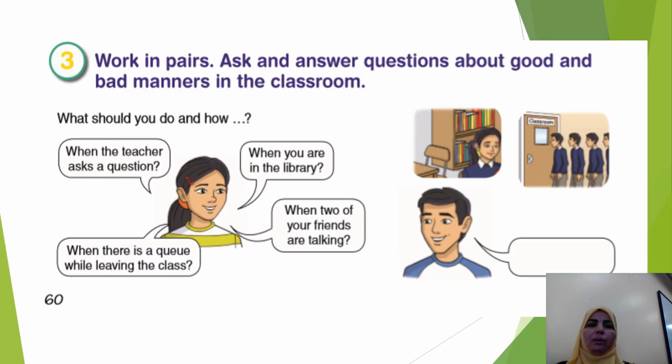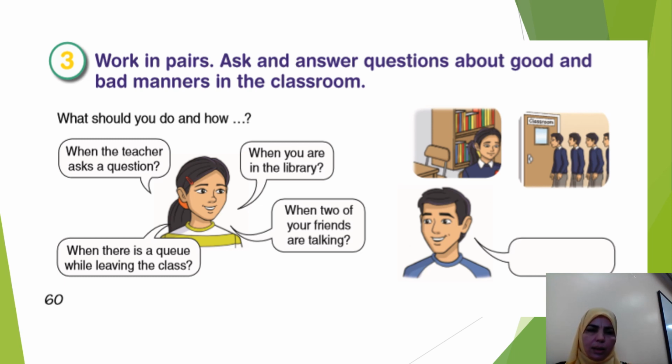Okay, now we will go to the third exercise in our lesson. Work in pairs, ask and answer questions about good and bad manners in the classroom. Here we have some pictures describing good manners in our classroom. I want you and your parents to have a discussion and try to tell them about the good manners in the classroom.